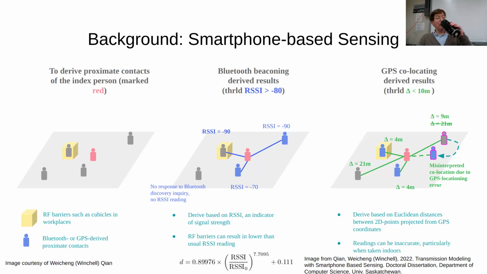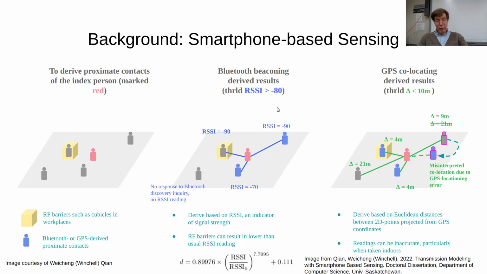And what I show here is a depiction of two ways of deriving, at a given time interval, which of the others in a study were proximate to the red individual.